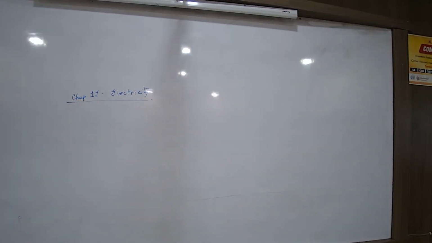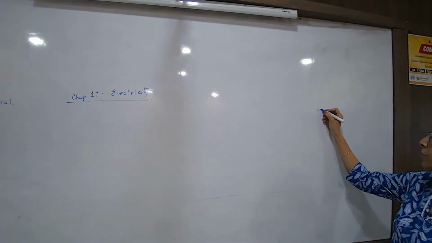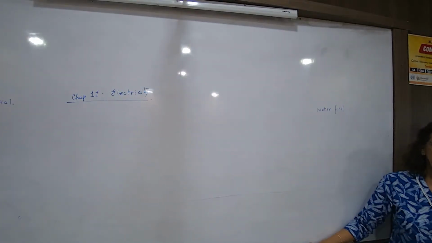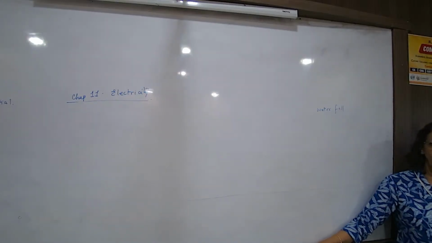We talk about electric potential. Always remember, water and electricity are very, very similar. Suppose I say I'm going to a place like Lonavala after the rainfall because I want to see the waterfall.